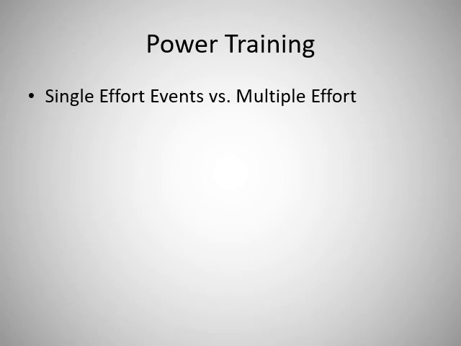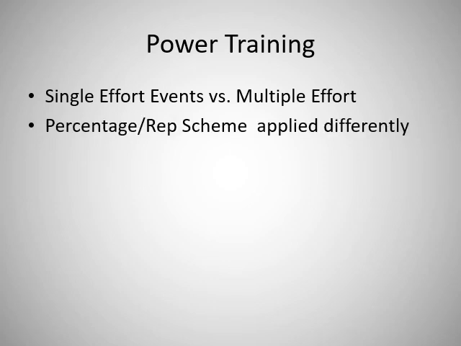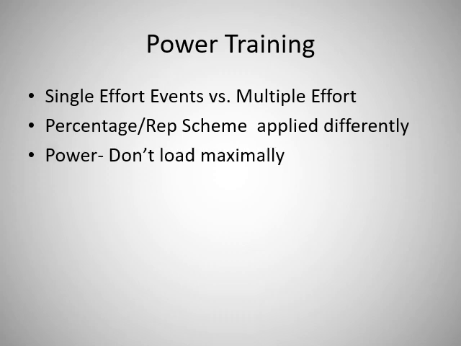So power training, you have to look at whether you're doing single effort events or multiple efforts. You can look at the sets and reps on the previous slide. The percentage and rep scheme is obviously going to be applied a little differently. For instance, the 3 to 5 reps between 75 and 85%. You could even go possibly lower than that and add volume, depending upon the exercise you're doing and the experience of the individual.